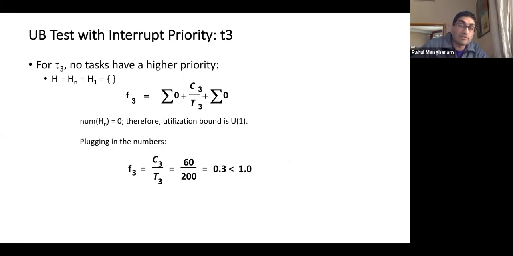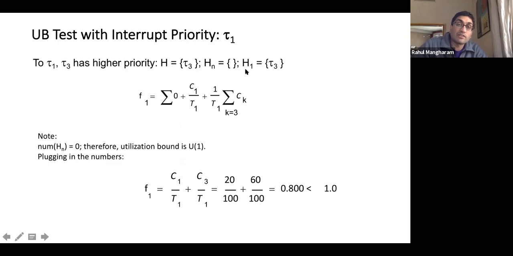That's less than 100% of the processor, so it's definitely schedulable. Now for task tau1, we have to look at how tau1 is not getting preempted by any other regular task, but it's definitely getting preempted by this hardware based task, and it has its own utilization. So tau1's utilization is 20 over 100, but we also need to add the utilization of this other task, which is the interrupt task.